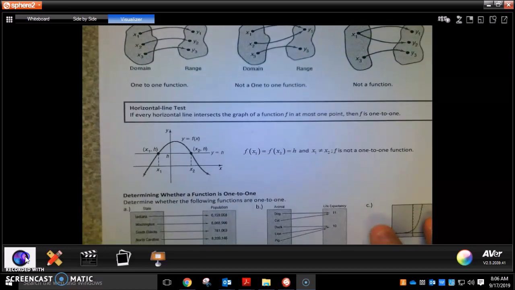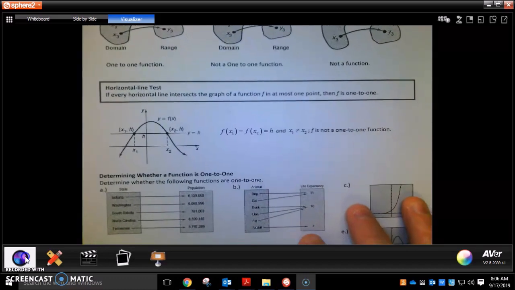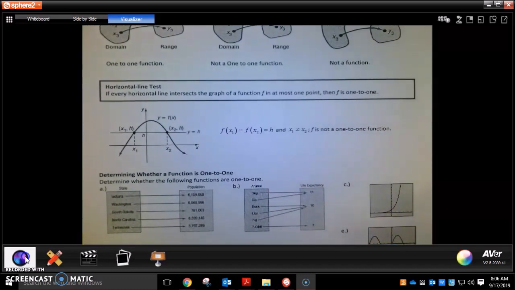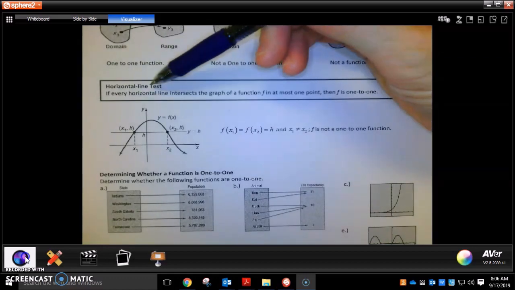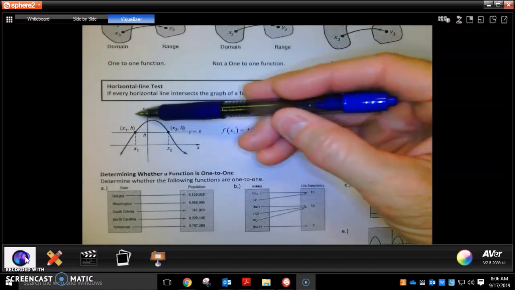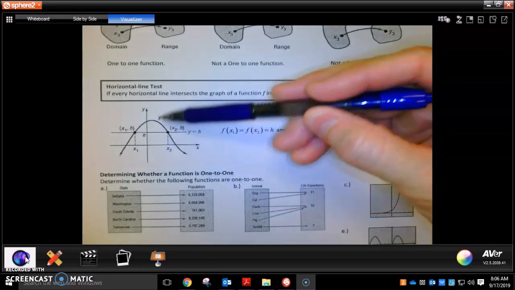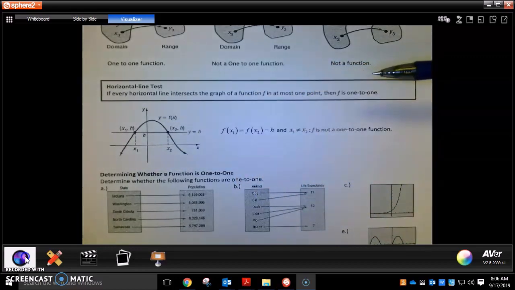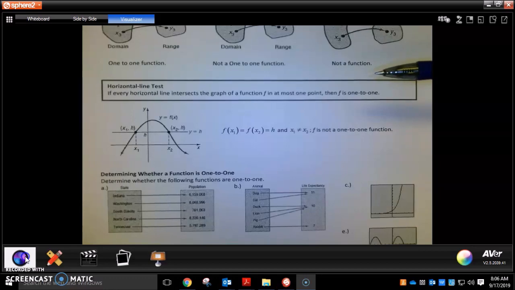Now, there's a lot of different ways that you can tell whether a function is one-to-one. One, if you're looking at a graph, the graph of a one-to-one function will pass what's called a horizontal line test. So this right here is an example of a function. You can tell it's going to pass a vertical line test, but this graph fails what would be called a horizontal line test.